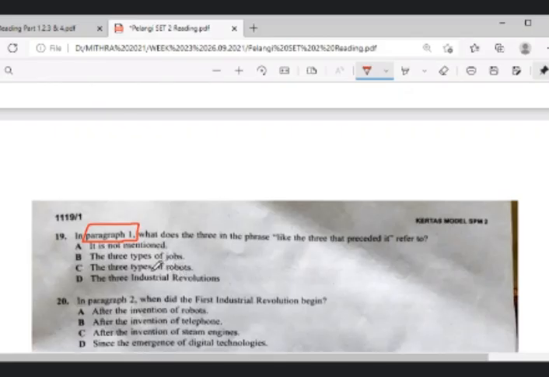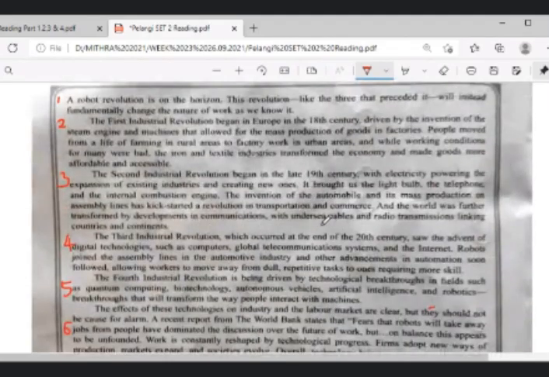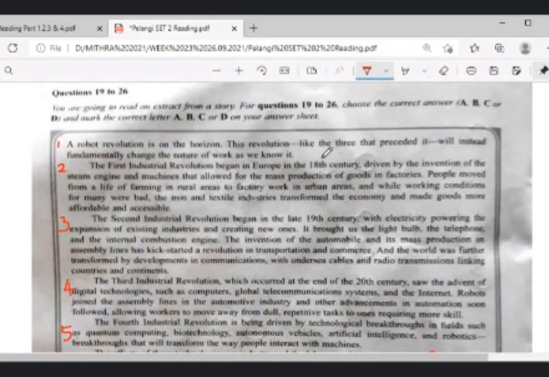Now let's look at question number 19. In paragraph 1, what does the three in the phrase "like the three that preceded it" refer to? They are asking what this word three refers to in paragraph 1. There is a line given in paragraph 1: "like the three that preceded it."